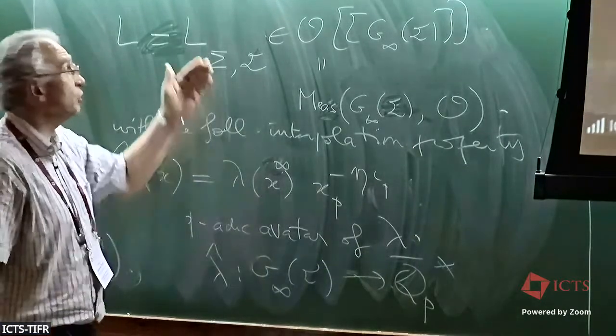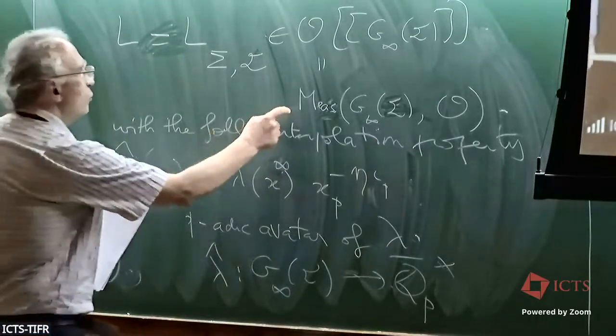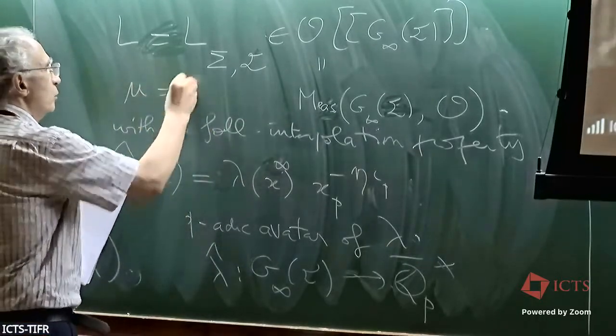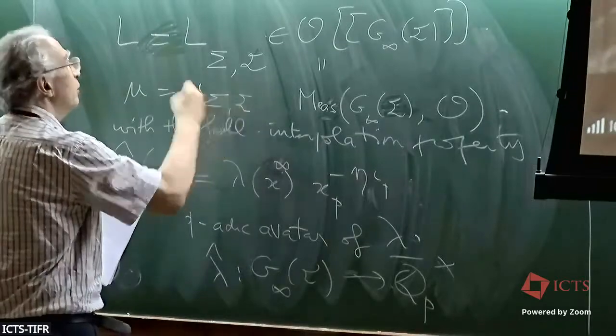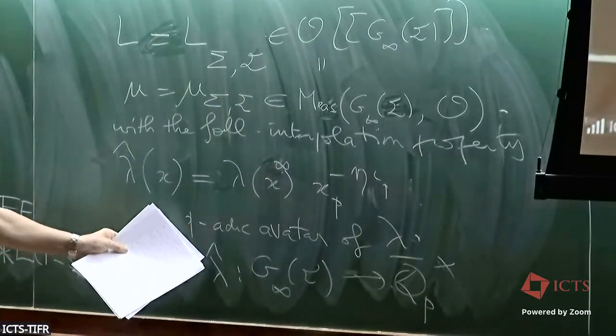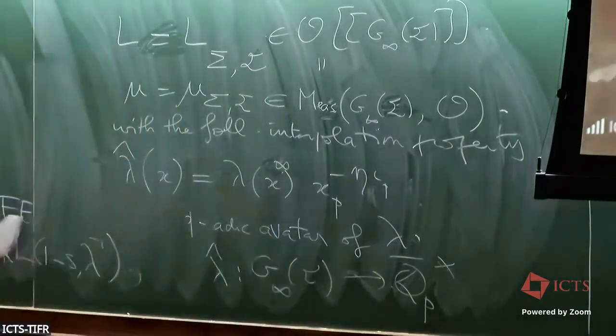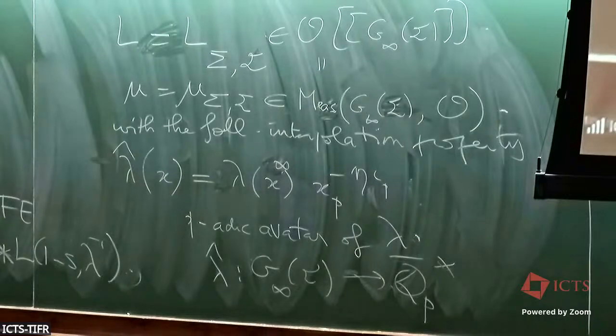And so this is a continuous function. So you can integrate against this measure, which when we view it as a measure, we write mu equals mu sigma c instead of L. So you can integrate this continuous function against this measure. And the property is the following, the interpolation property.